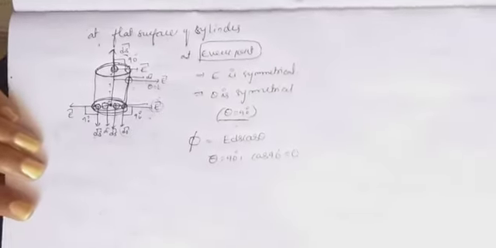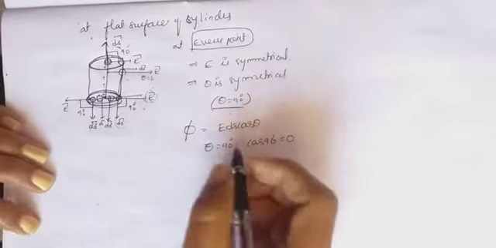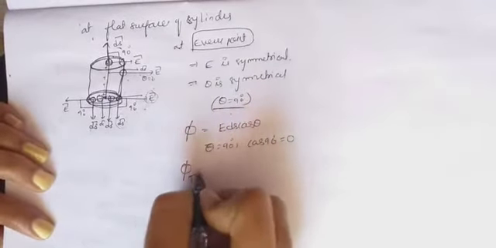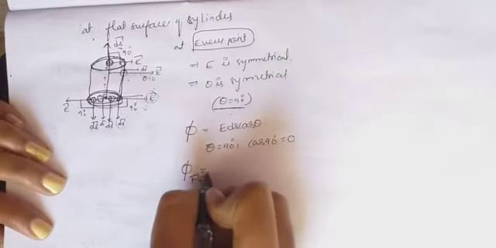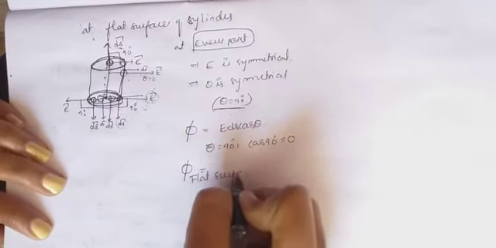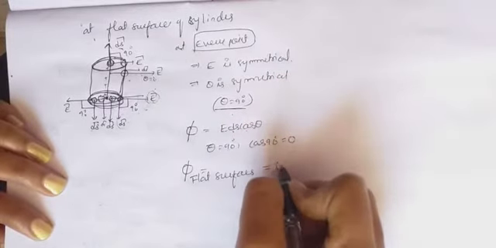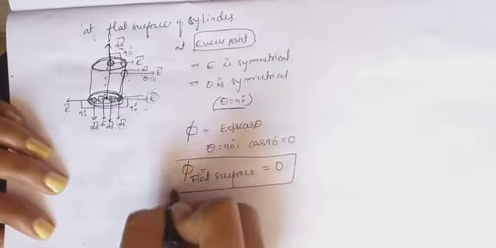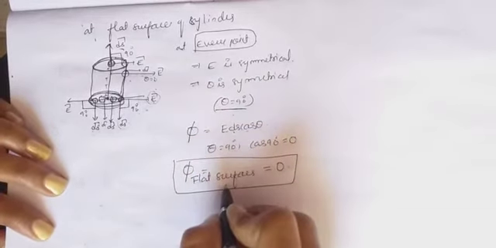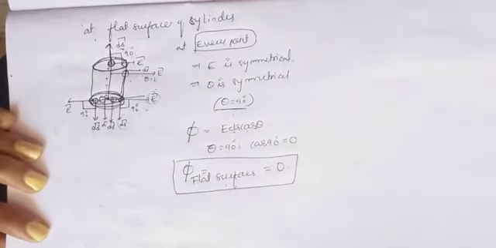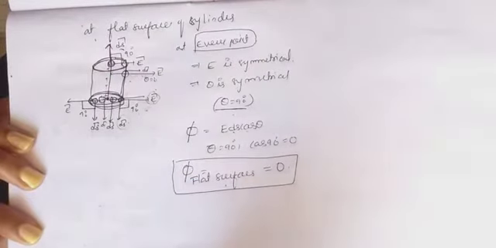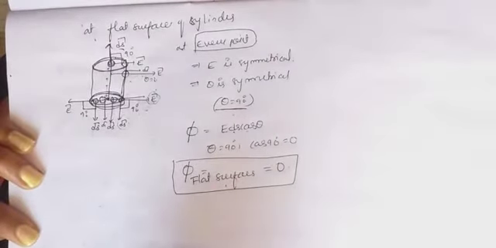As cos 90 is equal to 0, the total flux through the flat surfaces is E dS into 0, so that is 0. So for the cylinder, the flux through the flat surfaces is 0. Now we have to find the flux through only the curved surface.